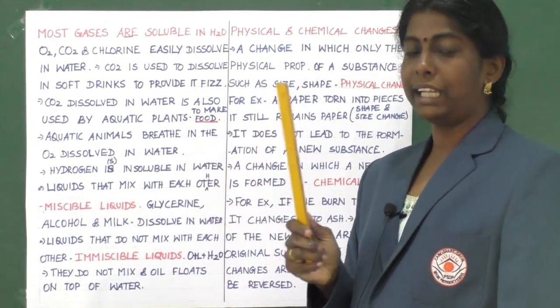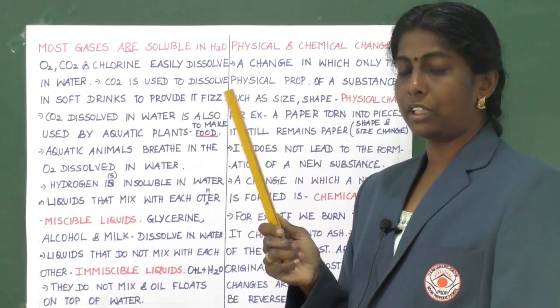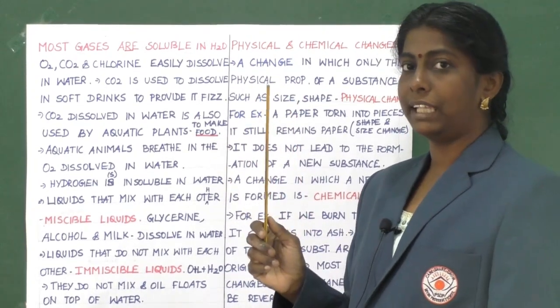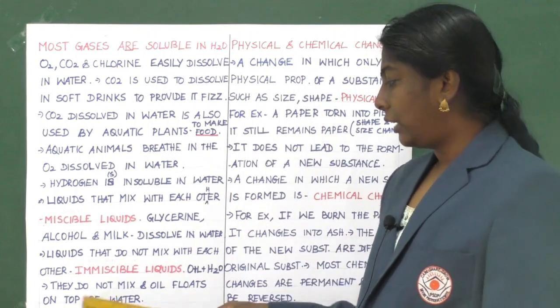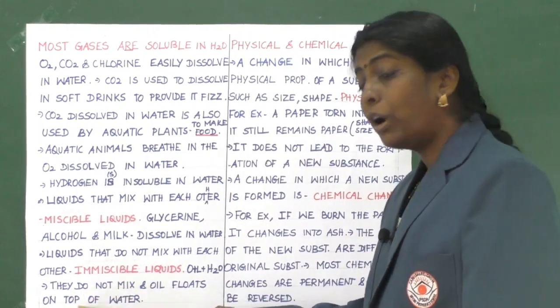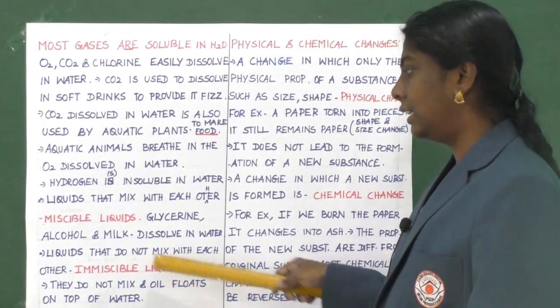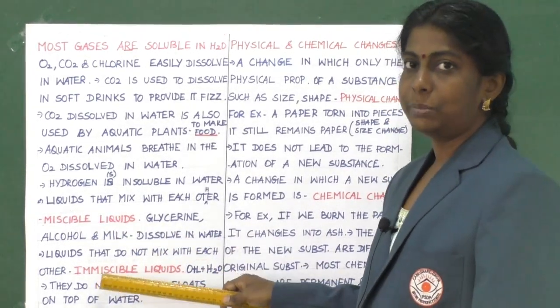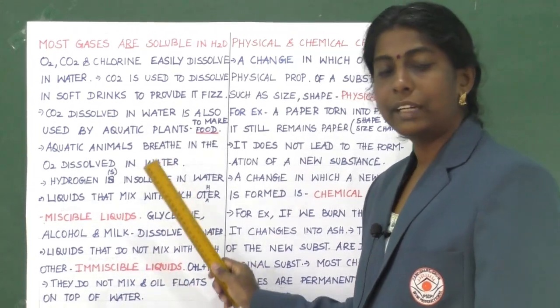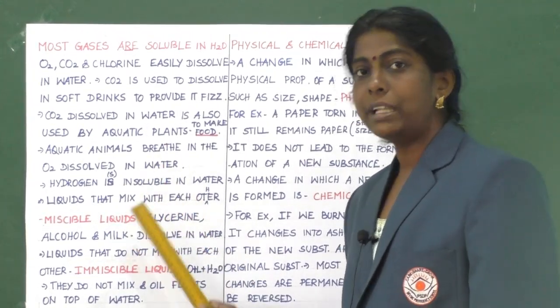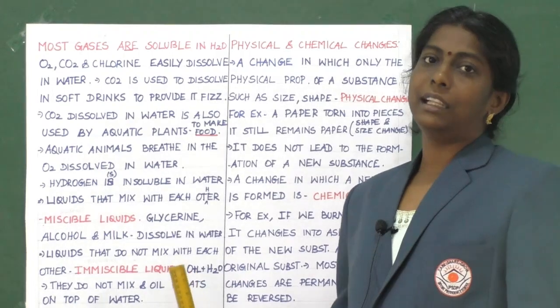It will form a separate layer on top. Top layer and bottom layer will be there, where oil will float up and below that you can see water. So they do not mix with each other. That's why it is said to be an immiscible liquid. Clear, children? So we have learned till now miscible and immiscible liquids.